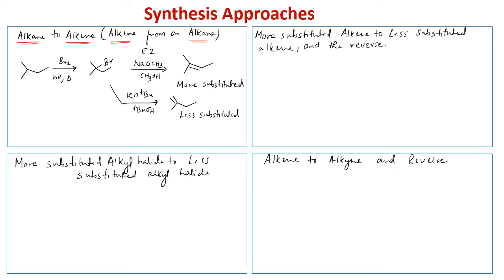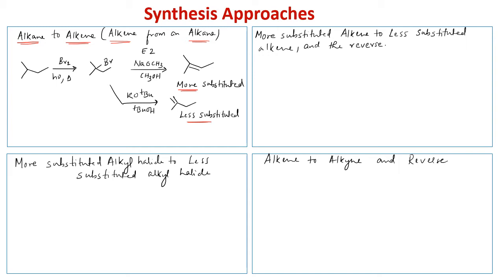So to go from an alkane to an alkene, you first have to figure out if you're going to the more substituted alkene or the less substituted alkene, because the choice of reagents is very important.